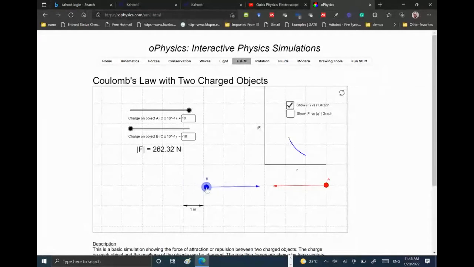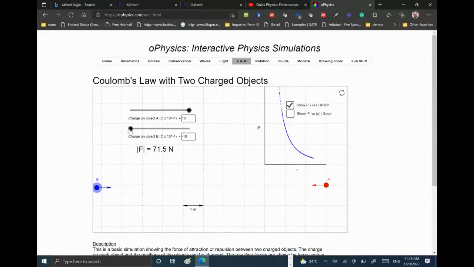Notice the forces are getting stronger and stronger. And so you can see the variation of the force with the distance. It's actually 1 over R squared. You can see the plot of the magnitude of the force versus R. It is actually 1 over R squared.